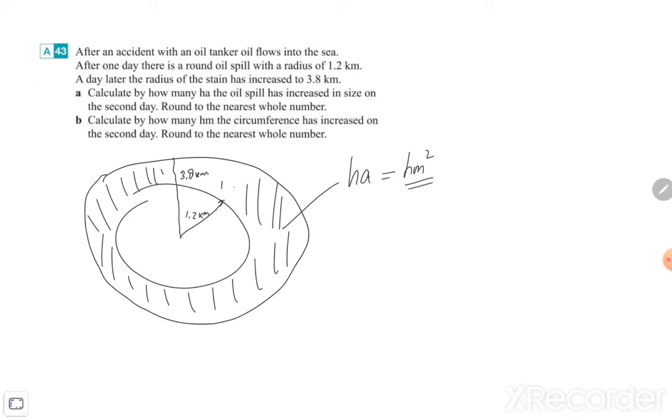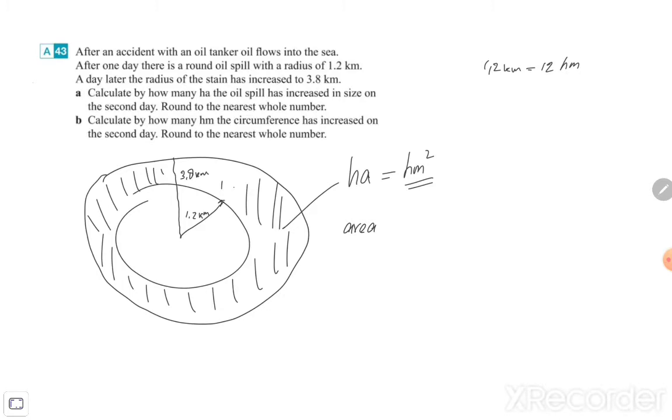Let me start with the first area, when the radius was 1.2 kilometers. We're going to convert it to hectometers, so we multiply by 10 and get 12 hectometers. Why? Because then we have the answer immediately in square hectometers, and that's exactly the same as hectare.